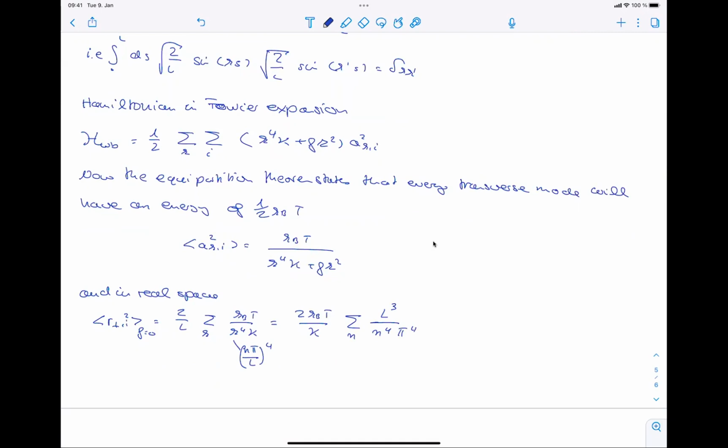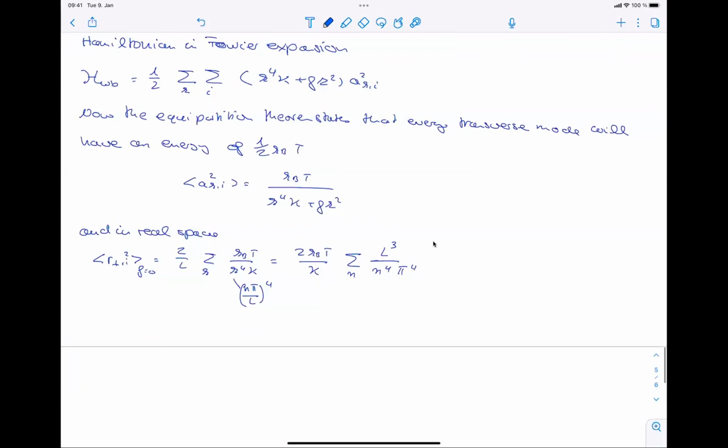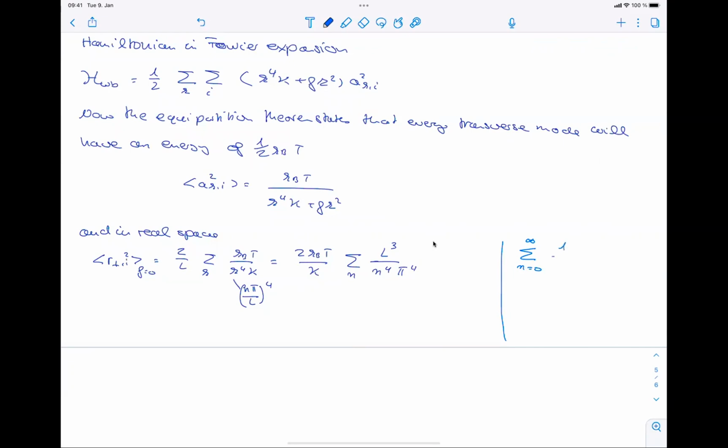You don't need to know, but these sums are again tabulated. So the sum over n to infinity of 1 over n to the power of p, actually it has a name. It's called the Riemann zeta function.